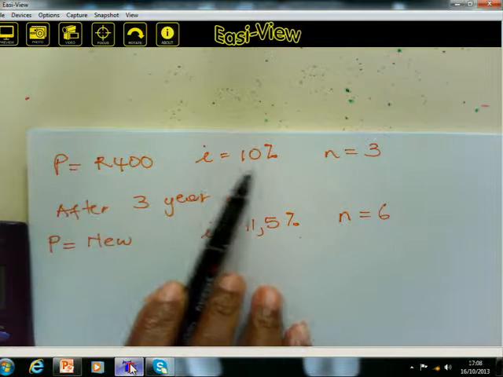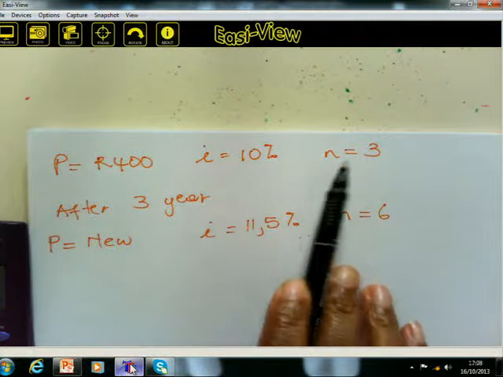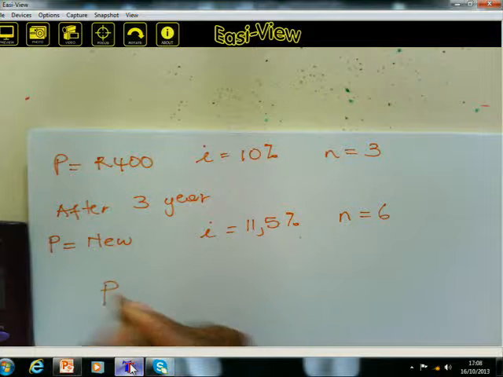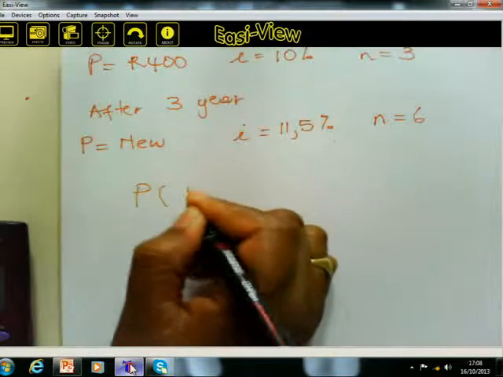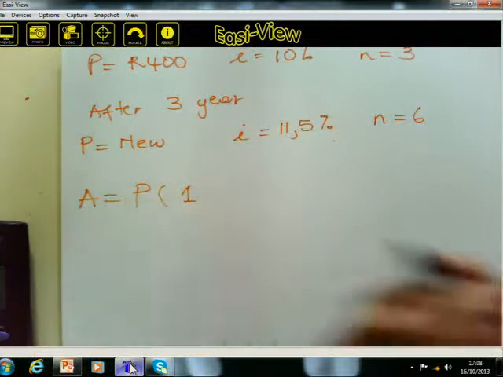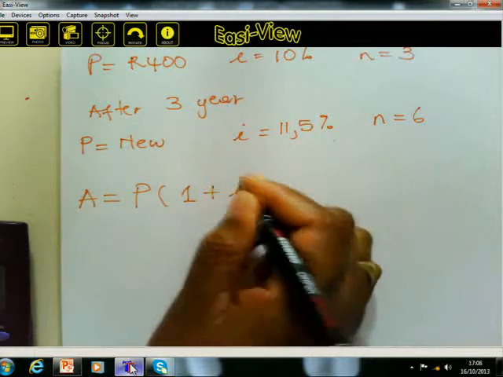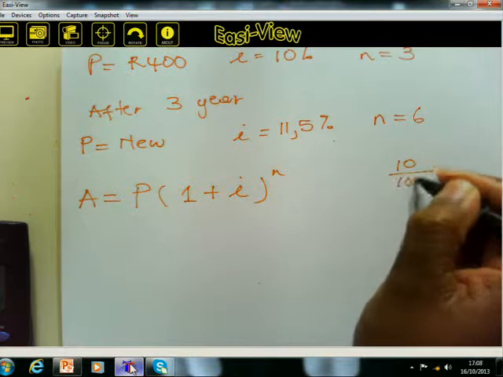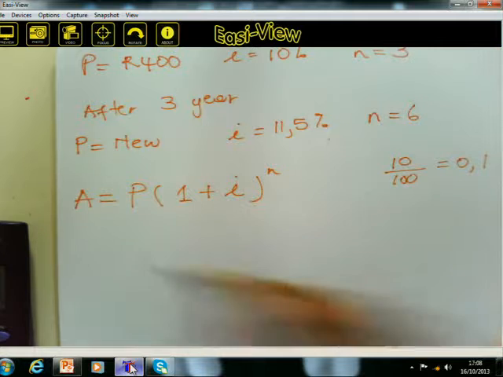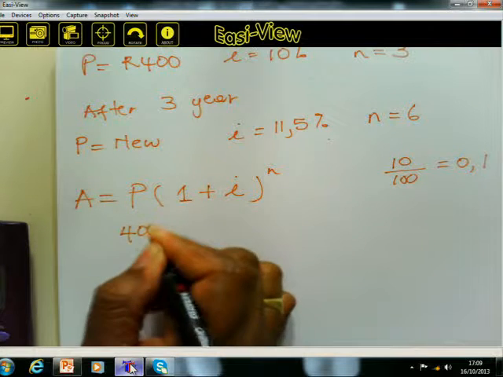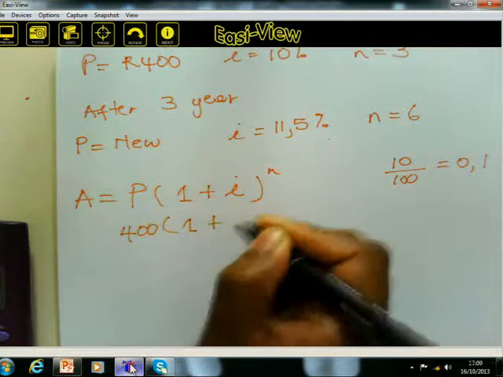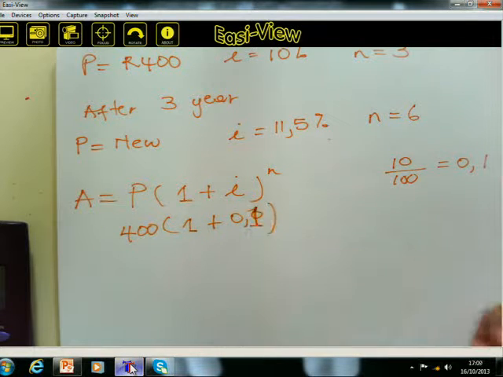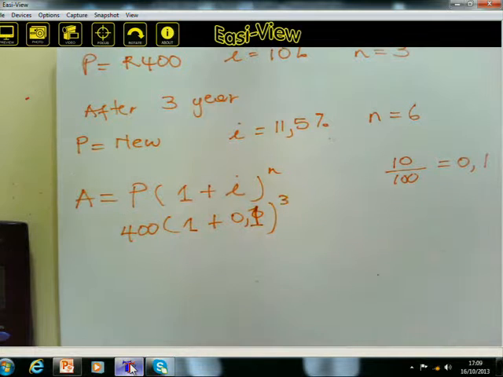The interest there, it's 10%. And the number of years there, we have 3 years. So now let's see. It's going to be our P times 1 plus interest to the power of n. So interest is 10 over 100, which is 0.1. So we have 400 times 1 plus 0.1 to the power of 3. Let's see how much we're going to have there.